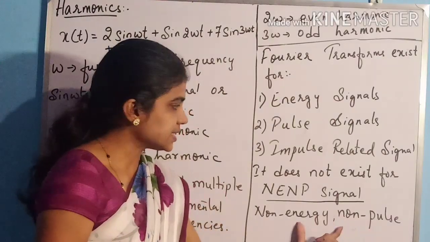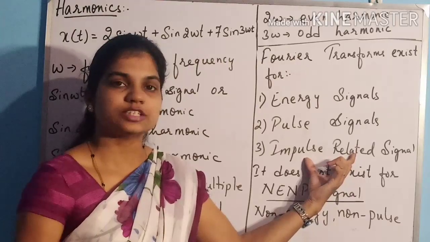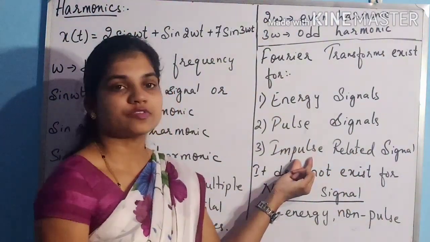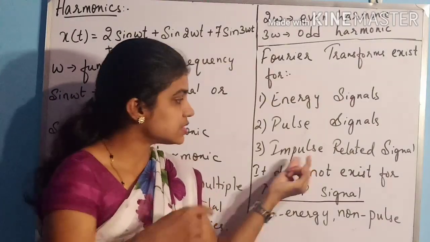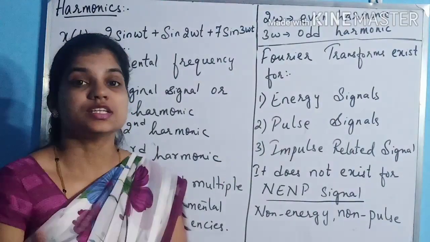So when we say this, how come we say that the Fourier transform exists for impulse related signals? That is because of an exception, because these impulse related signals are absolutely integrable.